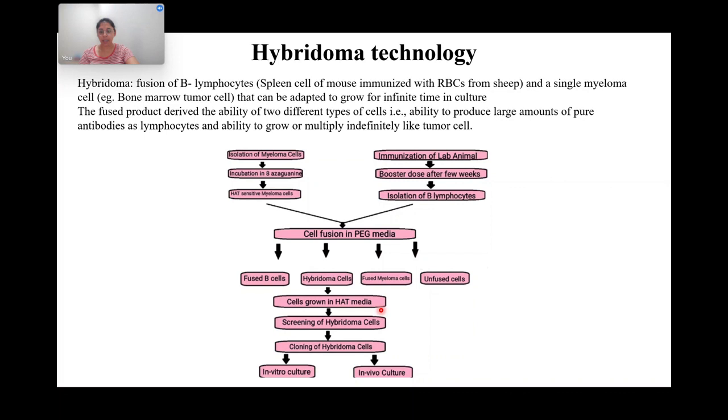So we'll now discuss this important step where we are able to differentiate between the different kinds of fused cells. We need the true hybridoma cells and we don't need any other fused cells. And how do we do that? That's where HAT comes into play. HAT means hypoxanthine aminopterin thymidine medium. So these cells are grown in HAT medium, and that serves as a screening background for identifying the hybridoma cells.